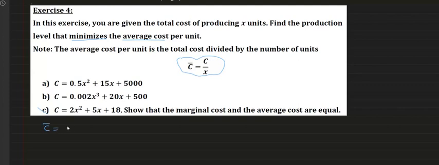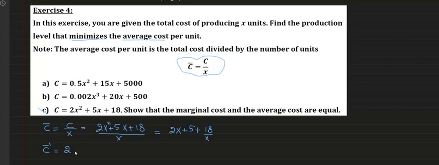We are given the total cost, and we know that it's the total cost divided by x. So we have here 2x squared plus 5x plus 18, all of this divided by x. So we have here 2x plus 5 and then plus 18 over x. And then we get the first derivative.